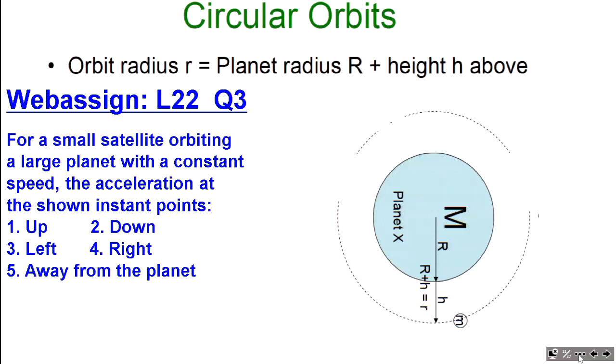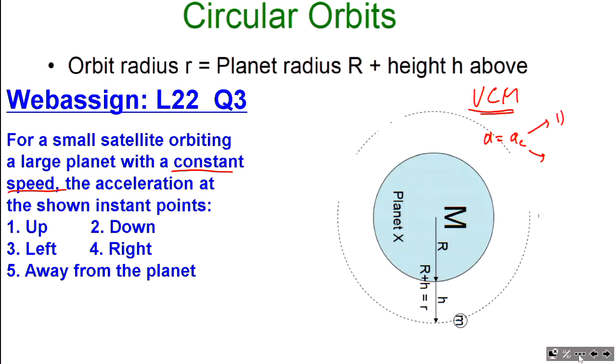Because since we can read and understand the meaning of special words, this is a special type of motion, a uniform circular motion. And in uniform circular motion, acceleration is equal to centripetal acceleration. And centripetal acceleration has two properties.